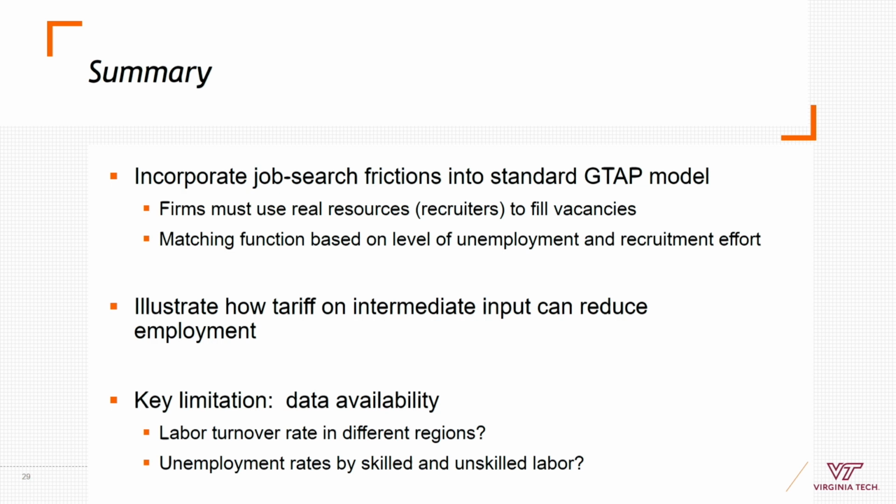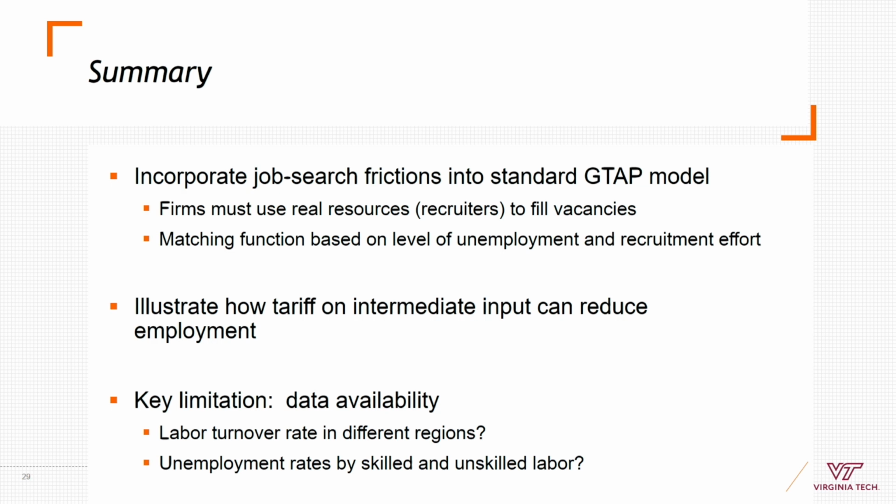So we did an illustration on how tariffs on an intermediate input can actually reduce employment in the U.S. And one of the questions going forward, at least I had initially, is, to what degree are we going to find similar sorts of data in other regions, right? Because it's just the U.S. I'm assuming these other regions look like the U.S. Okay? So how different are these labor turnover rates in other regions?